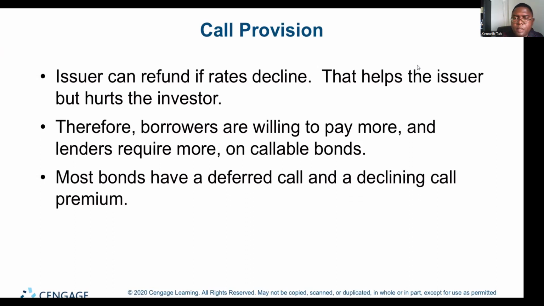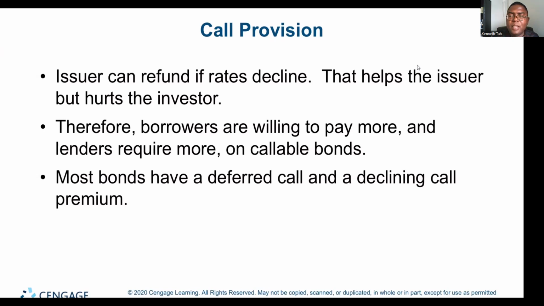So a call provision, we can see it as a way that companies can refinance their debt at a lower interest rate. Companies are making payments, and those coupon payments are generally fixed.